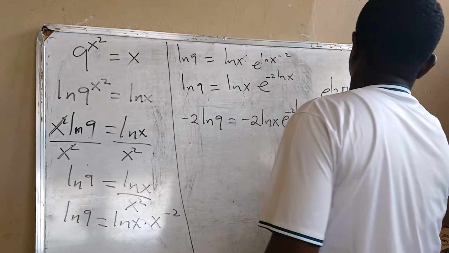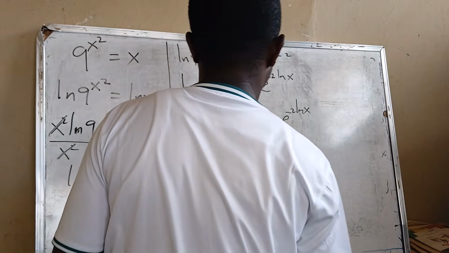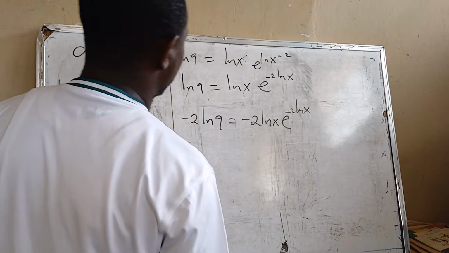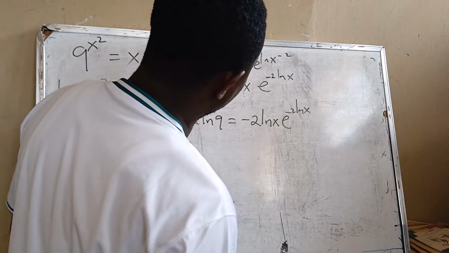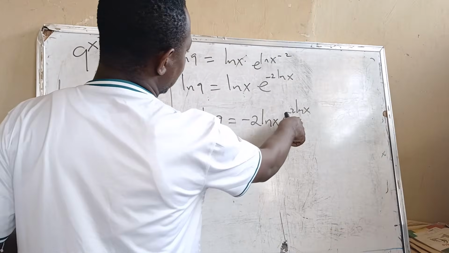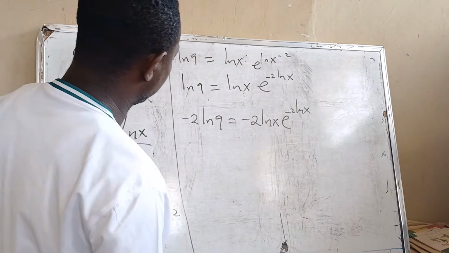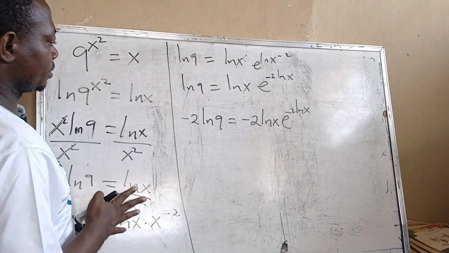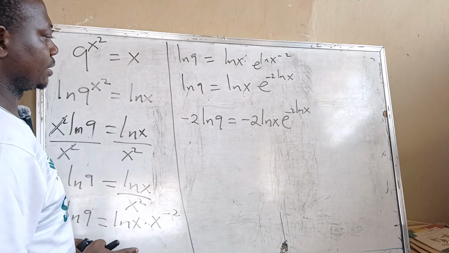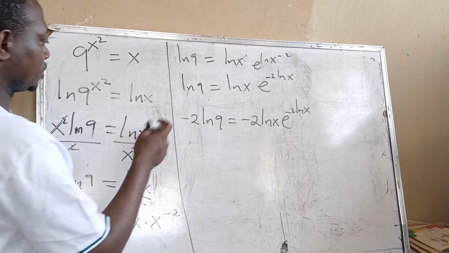Now, our aim has been achieved here. So this equals that, which we previewed for the Lambert W function. From here, we have no option but to take the Lambert W function. So I'll take the W function on both sides.